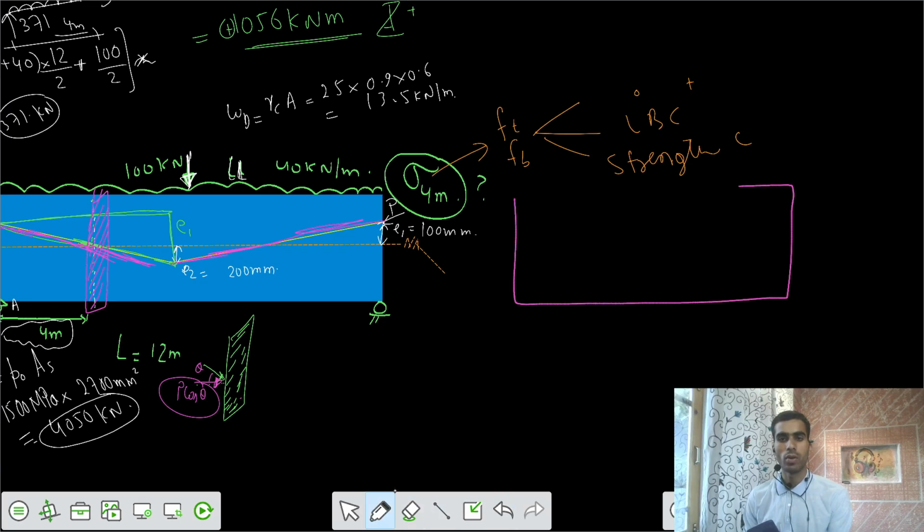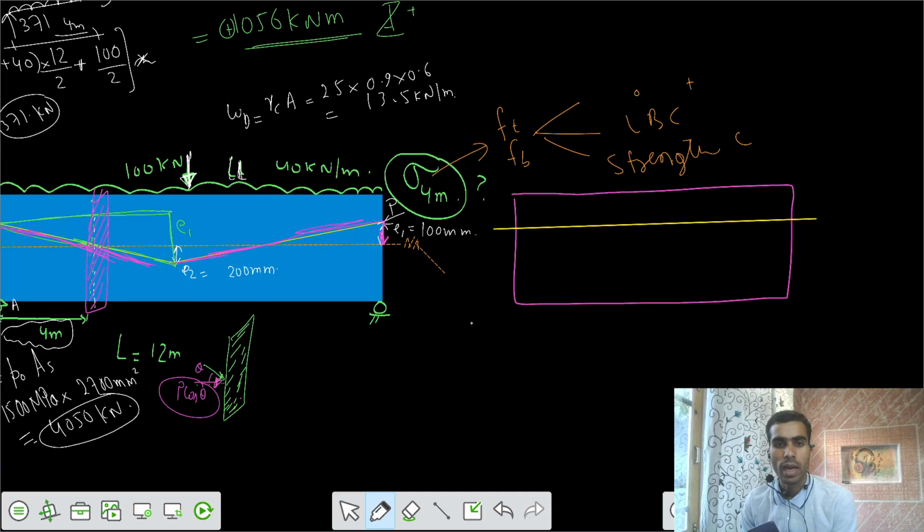You have the beam, and the cable would remain a straight line along the eccentricity of the cable, such that it has the same value of eccentricity throughout the length as it had at the ends.